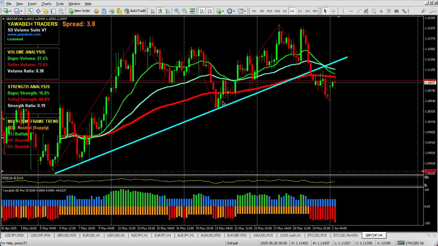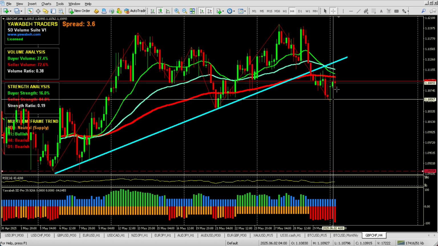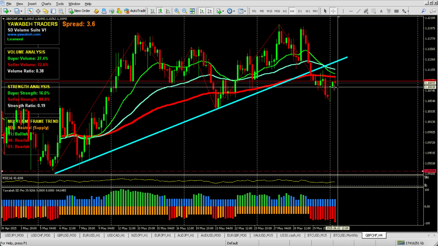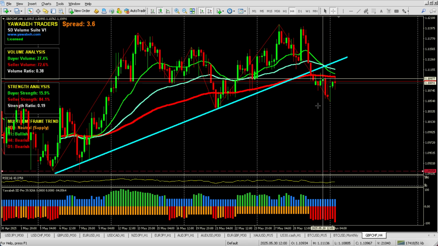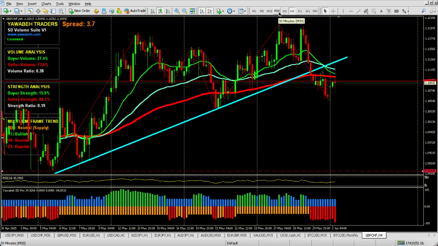The market has broken this trend line downward, and now it's playing around this area, which is exactly a perfect correction area. So the indicators and tools all suggest a sell signal, and based on the technical structure, it also says sell signal.